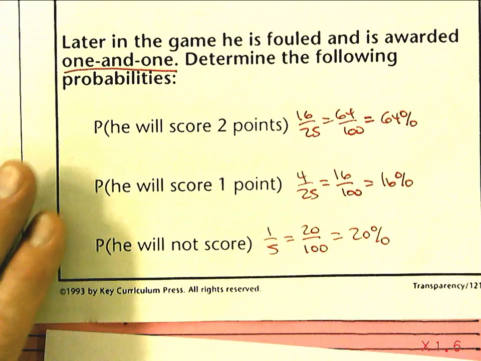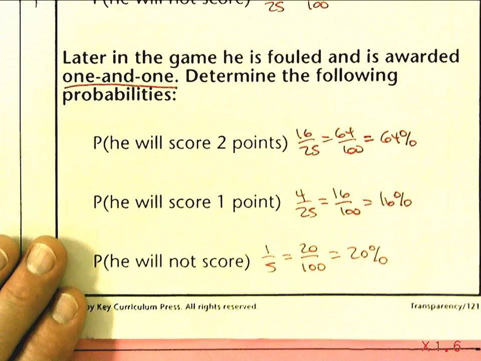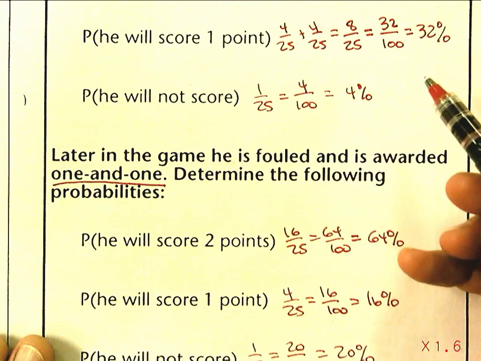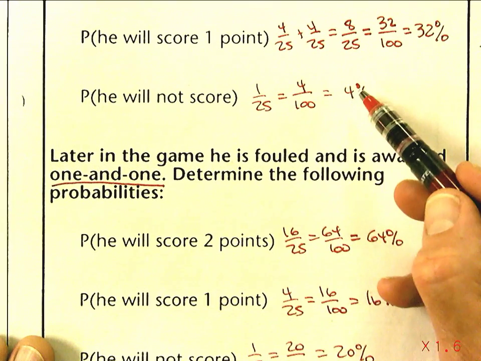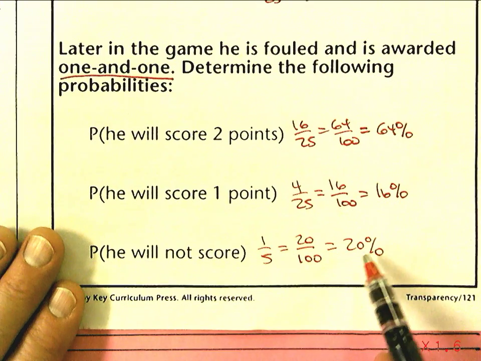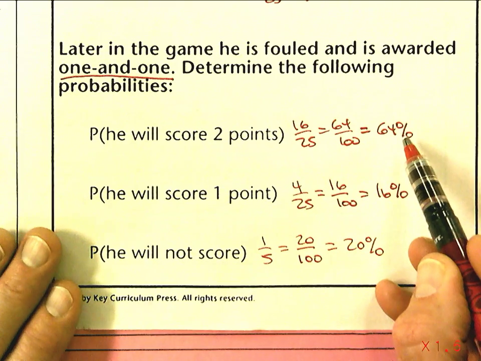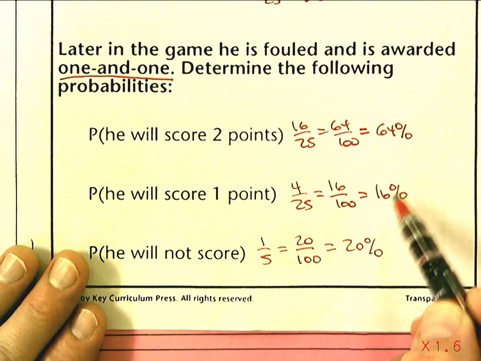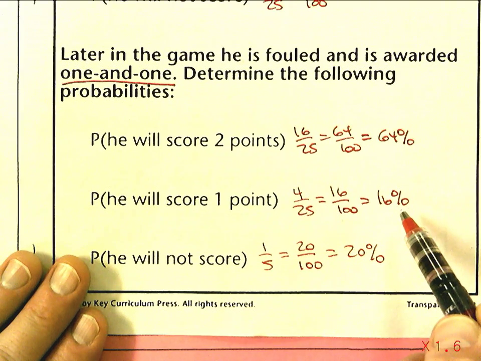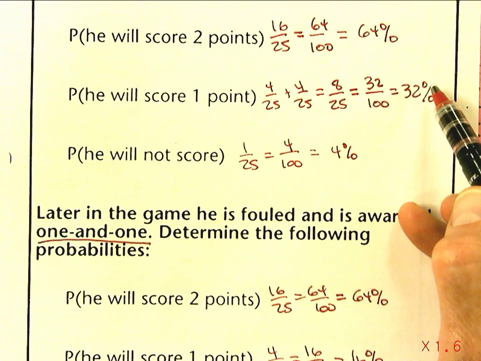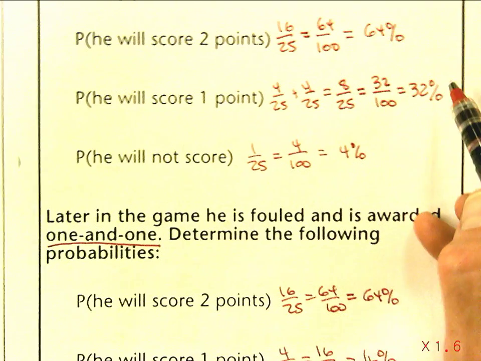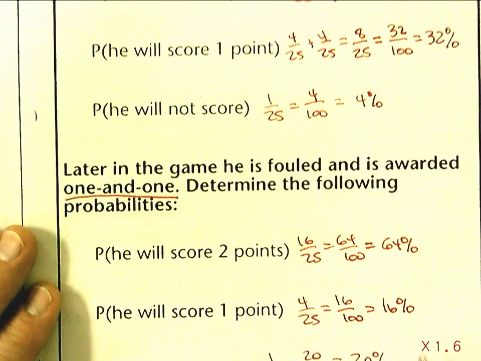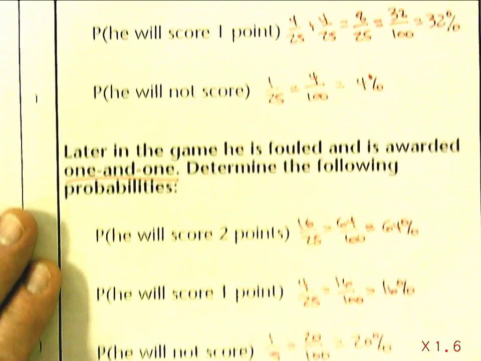So the 1-in-1 situation sort of lowers his chances a little bit. Before, he would only not score 4% of the time. In this case now it raises it to 20% of the time. His overall opportunity to score is actually 80% in a 1-in-1 situation, where it's 96% when he gets 2 shots. So having that extra shot really helps increase his likelihood of scoring points.